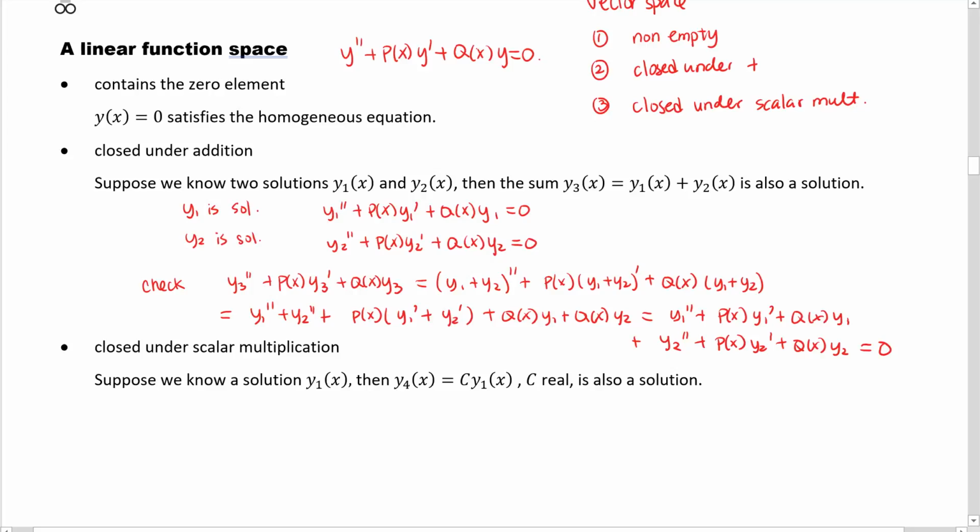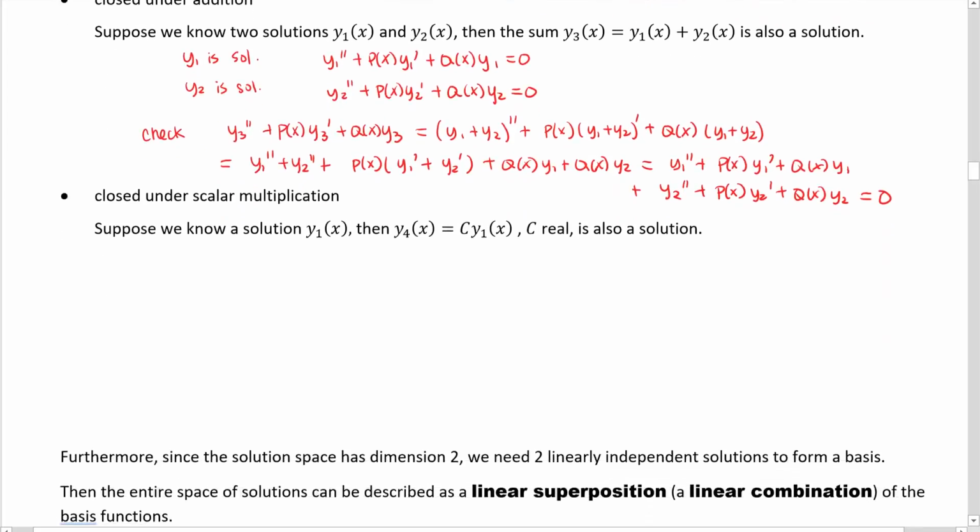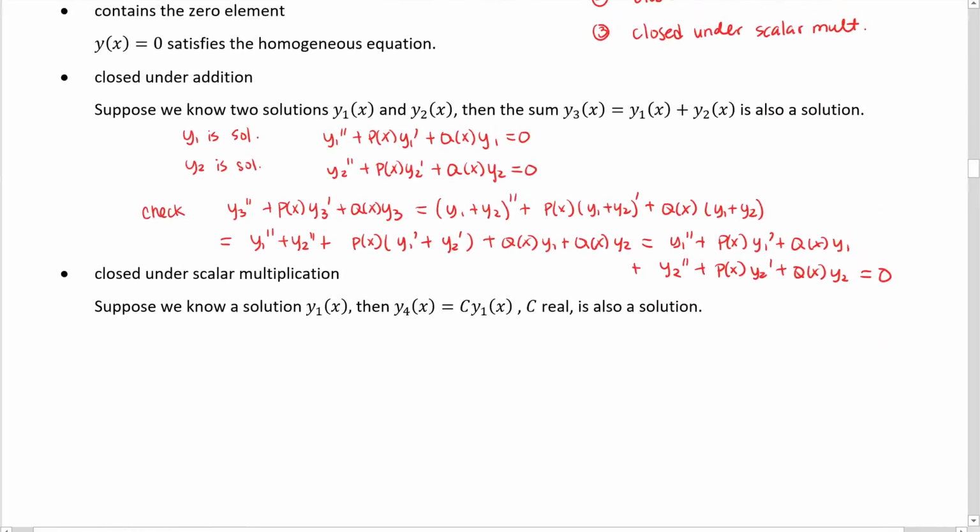Next, let's check closure under scalar multiplication. Let's say y1 is a solution. It means y1 double prime plus p of x y1 prime plus q of x y1 is 0.